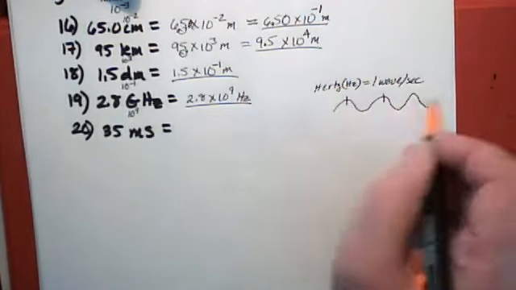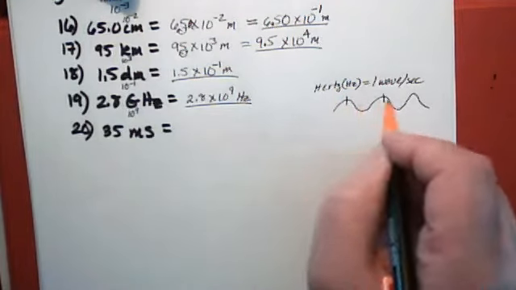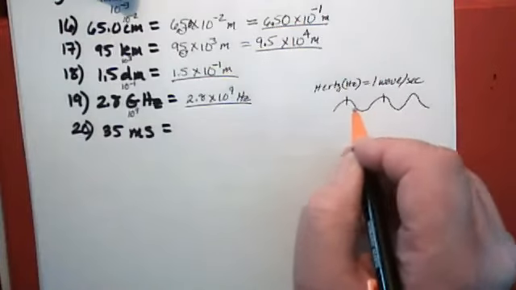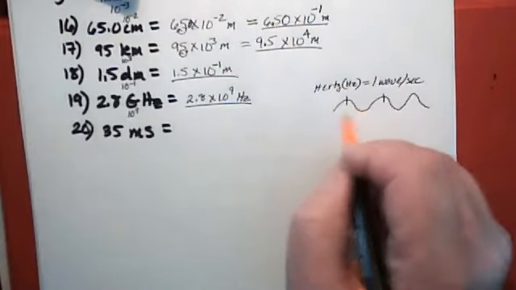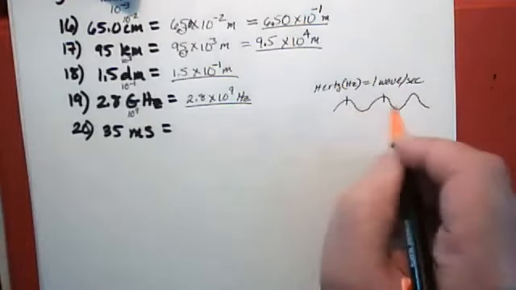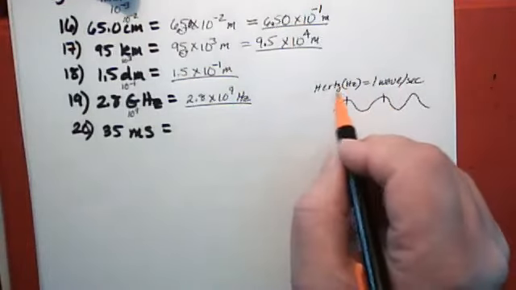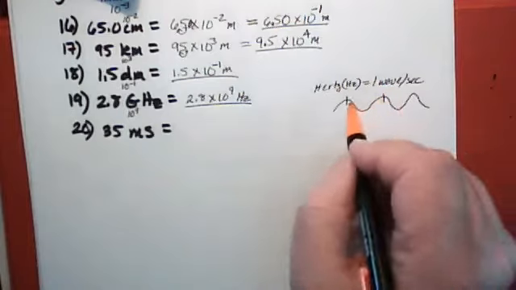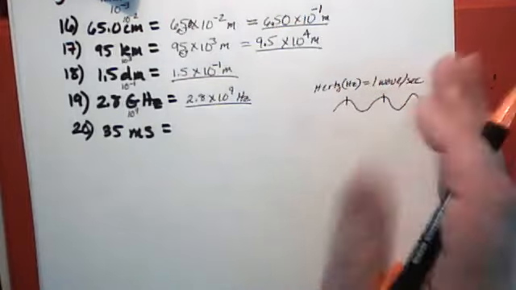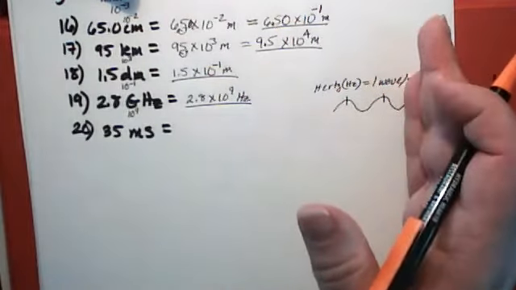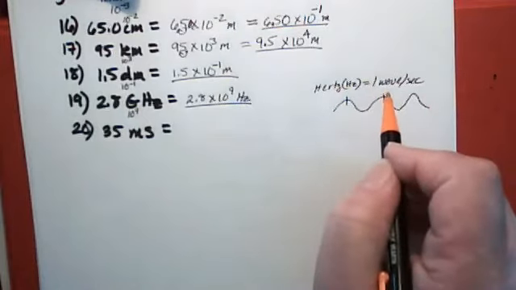And they all travel at the speed of light, but the actual distance between waves can change for different types of electromagnetic radiation. And so when we measure the frequency, we measure how many waves can pass a given point per second, and that would be the frequency in hertz.